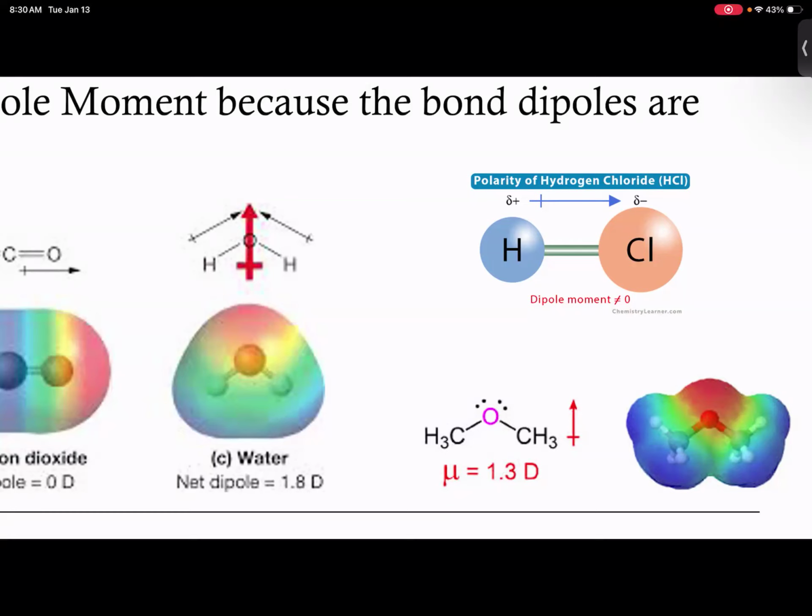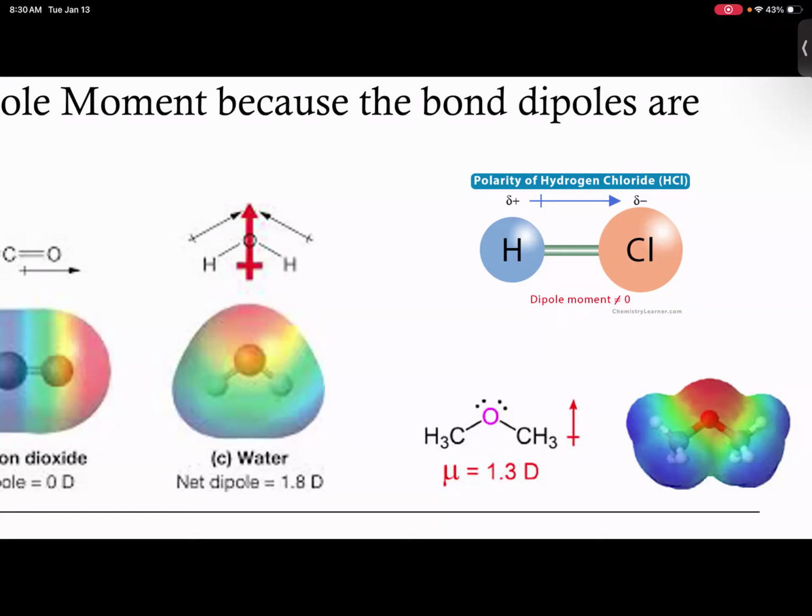Now, when this molecule is drawn in the correct shape, we have a partial negative end of the molecule. And all of the hydrogens make up a partial positive end of the molecule, therefore making this molecule polar.